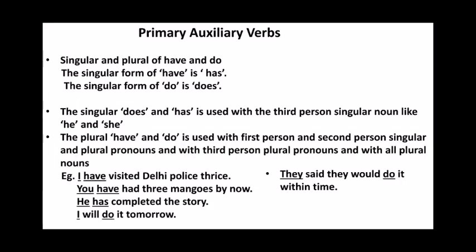Singular and plural of have and do. The singular form of have is has and the singular form of do is does. The singular does and has is used with the third person singular noun like he and she.